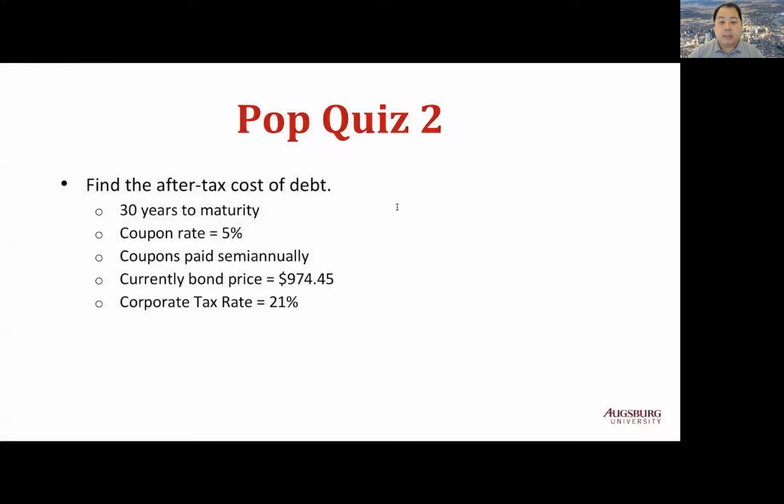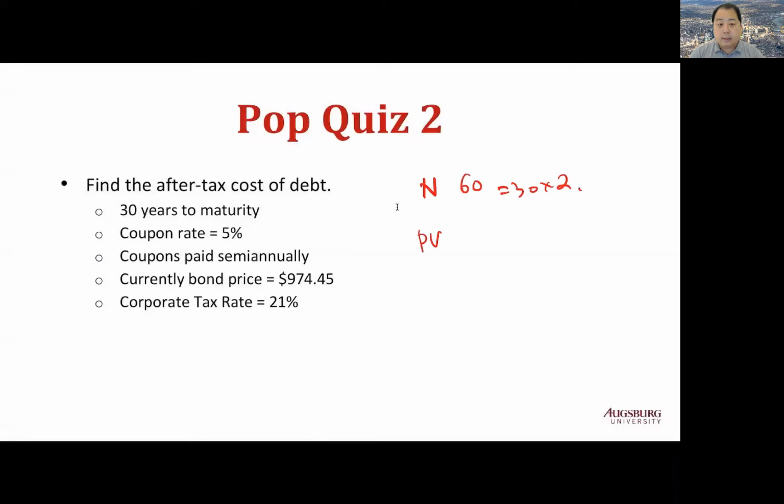Second pop quiz. If the current bond has 30 years to maturity with 5% coupon rate paid semi-annually, sold at $974.45, and tax rate is 21%, find the after-tax cost of debt. First, we need to compute before-tax cost of debt using the calculator, and N is 30 times 2, 60.